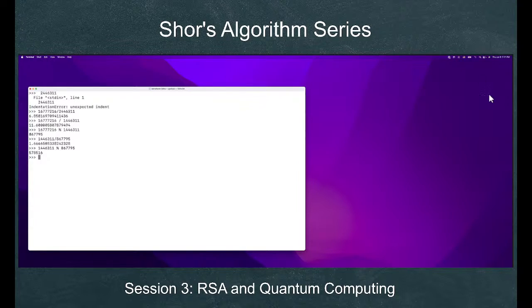We computed this one, so once we compute this one, we know that it's approximately equal to j over r. Which means that r is equal to 58. But we don't know if that's a true r. We have to first check if it's a true period.